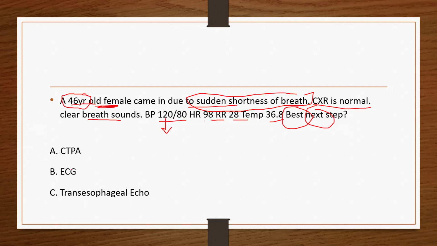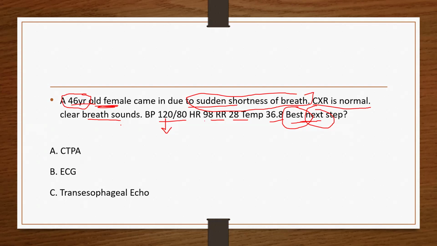But if you exclude an MI here, then yes, you have to do a CTPA to go for confirmation of a pulmonary embolism. Okay, so here the best next step means the life-saving best investigation that you are going to choose. If you don't do an ECG, like I said, this could be the end of this patient.